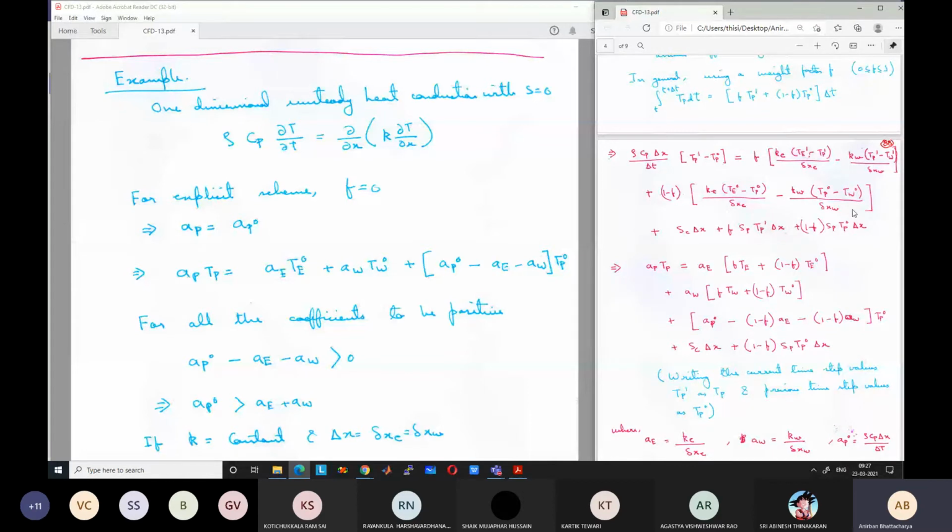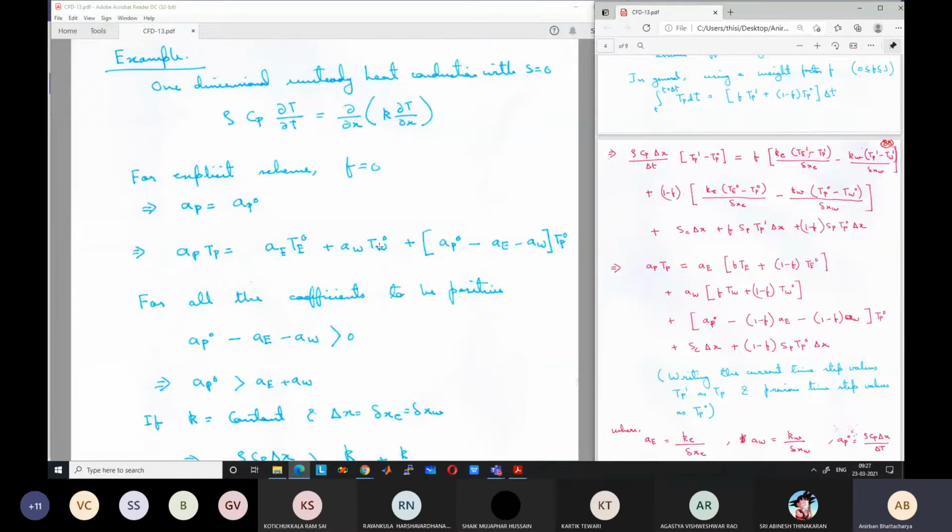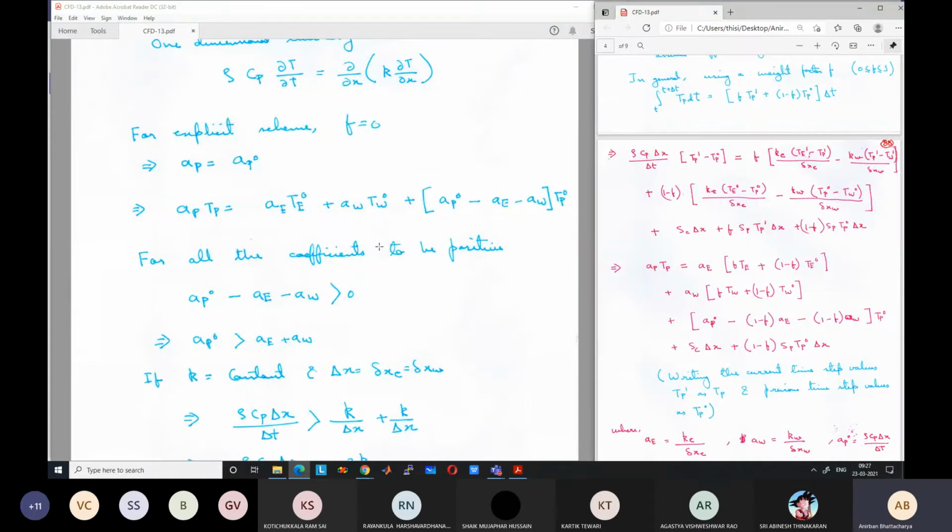So for all the coefficients to be positive, the final coefficient AP0 minus AE minus AW needs to be greater than 0. All the other coefficients are positive. If by chance this is negative, then an increase in the previous time step temperature can lead to a decrease in the current time step temperature, which is unphysical.